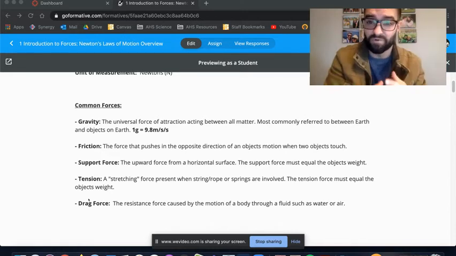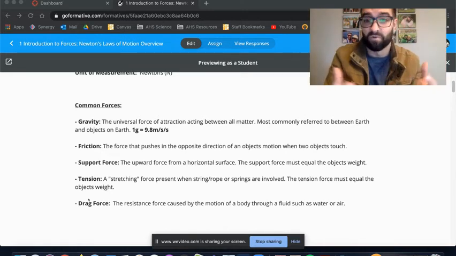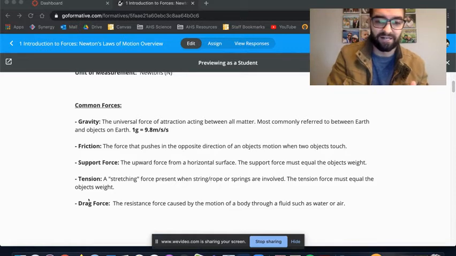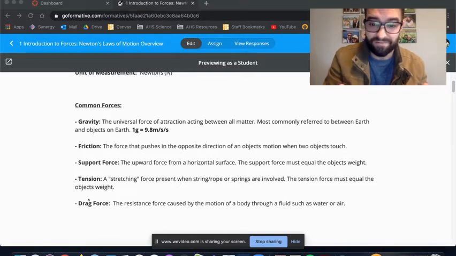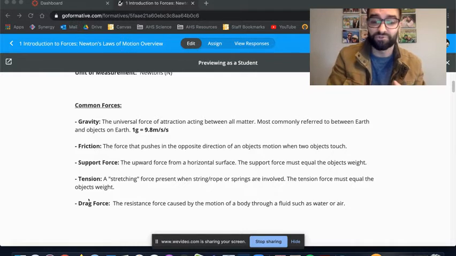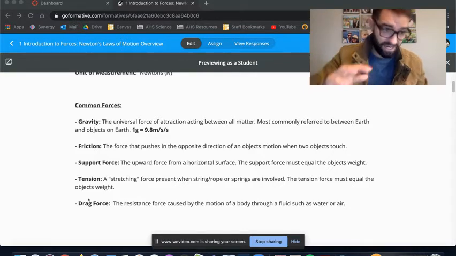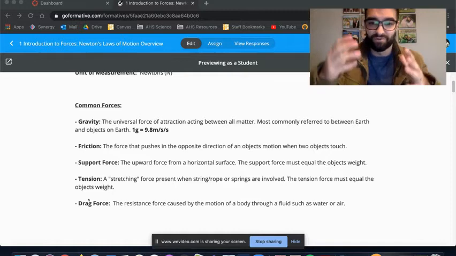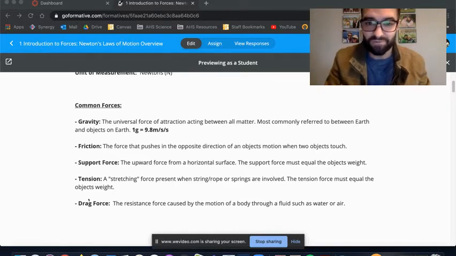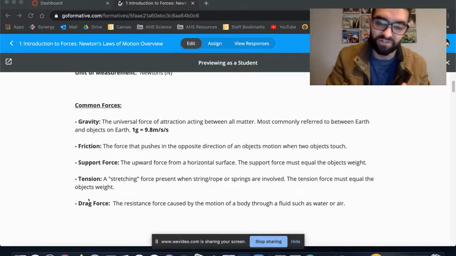The faster you go and the bigger you are, we see that there's more air resistance. And then similar with a body of water or fluid. Okay, so you go swimming through water. It is due to a drag force that you can actually propel yourself, but it also slows you down. And so you'll see professional swimmers try to make their body as smooth as possible to reduce the drag force when they're swimming.